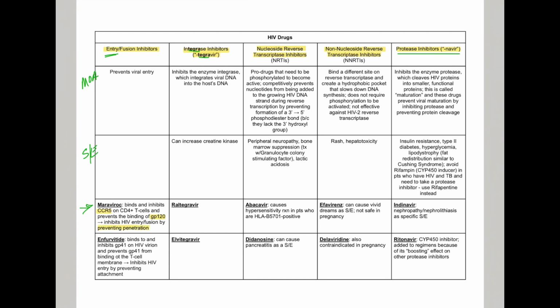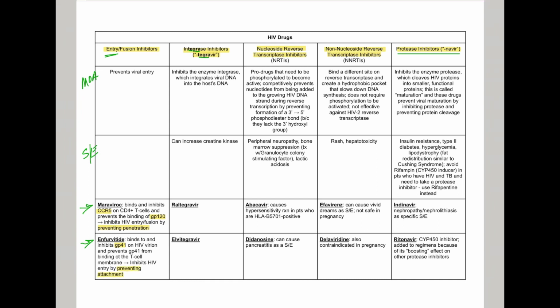Okay. The next entry or fusion inhibitor is enfuvirtide. This one will bind to and inhibit GP41 on the HIV virion itself. It prevents GP41 from binding to the T cell membrane, and this will inhibit entry by preventing attachment.